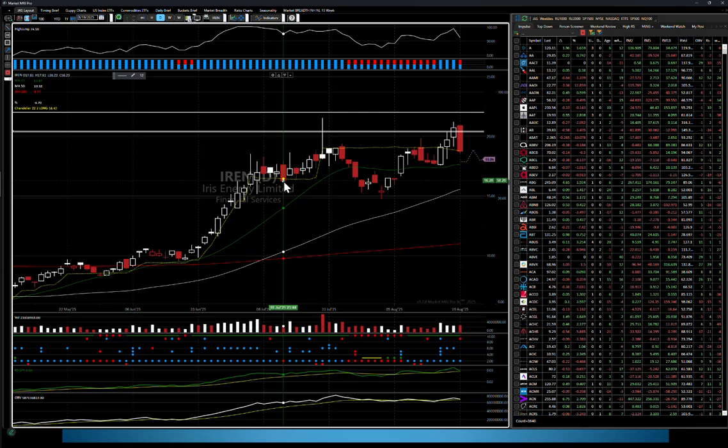Now, I don't always follow what I just preached. Once I have a big gain in a stock, I will leave the chandelier painting on the stock as it is here. And when I see this first close below, now remember, I'm not putting a chandelier on until I'm fat with profits. I've already taken profits off.